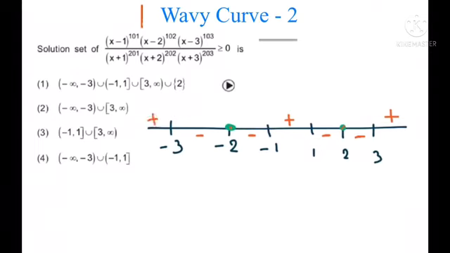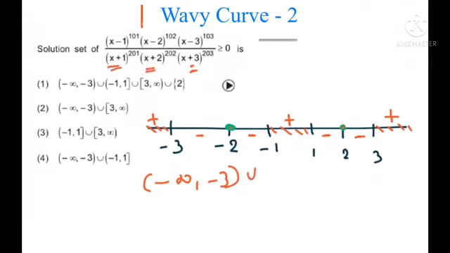More than 0, so the value of x is in this range, then in this range, and then in this range. So the required answer for this is -infinity to -3. -3 is not included because it is in the denominator. x can never be equal to -3, can never be equal to -2, can never be equal to -1.